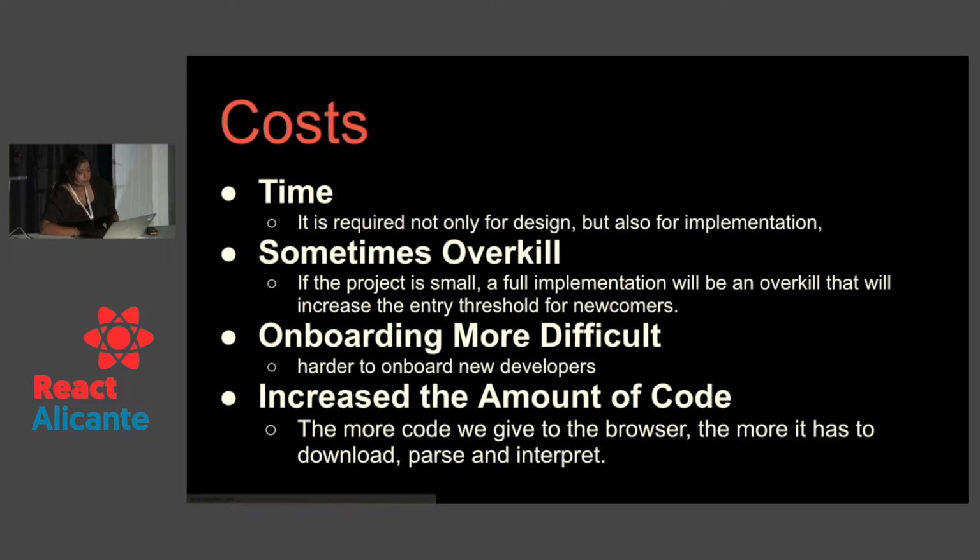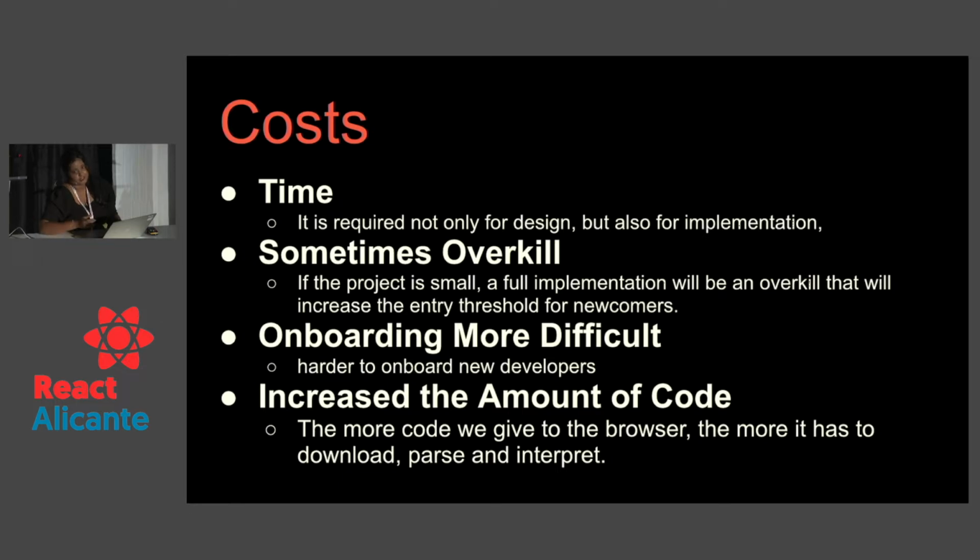Now, we talked about why we should use clean architecture, but there are two sides to the coin, right? We should also talk about why we shouldn't. So when we implement this architecture, the time is required not just for designing it, but also to implement it. So it might consume a little bit more time than we usually take.